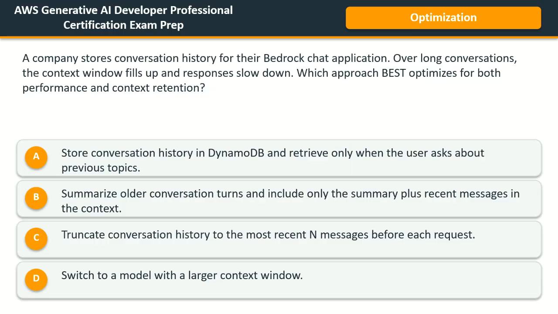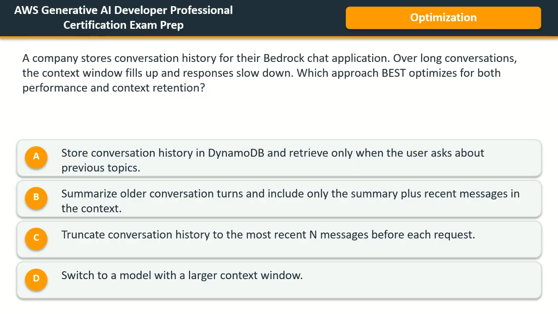You periodically compress older conversation into a summary that preserves key facts, user preferences, and established context. You keep the summary plus the most recent verbatim turns. This dramatically reduces token count while preserving meaning. That is exactly what option B describes, and that's why B is the correct answer.